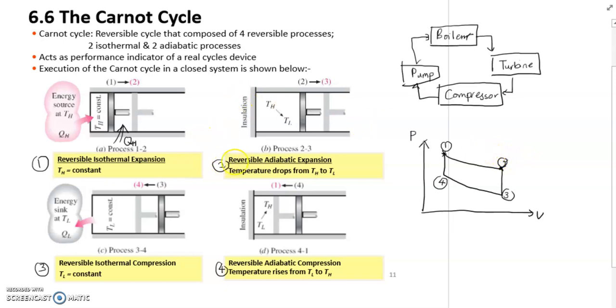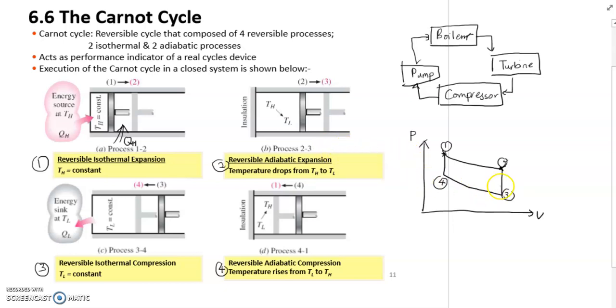At process 2, you will have a reversible adiabatic expansion. Here at stage 2, the reservoir that was in contact with the cylinder head is removed and replaced by insulation, so that your system becomes adiabatic. The gas continues to expand slowly, and during the expansion process, your TH will drop to TL.